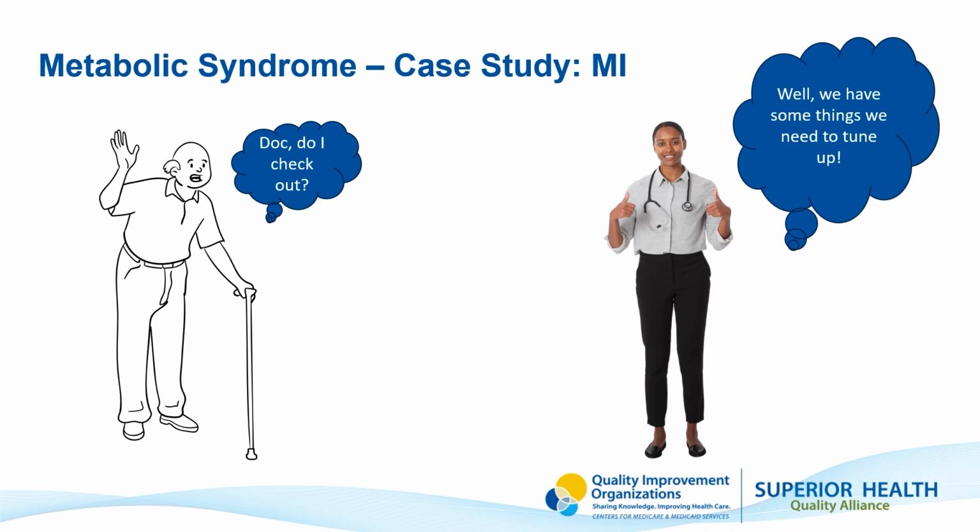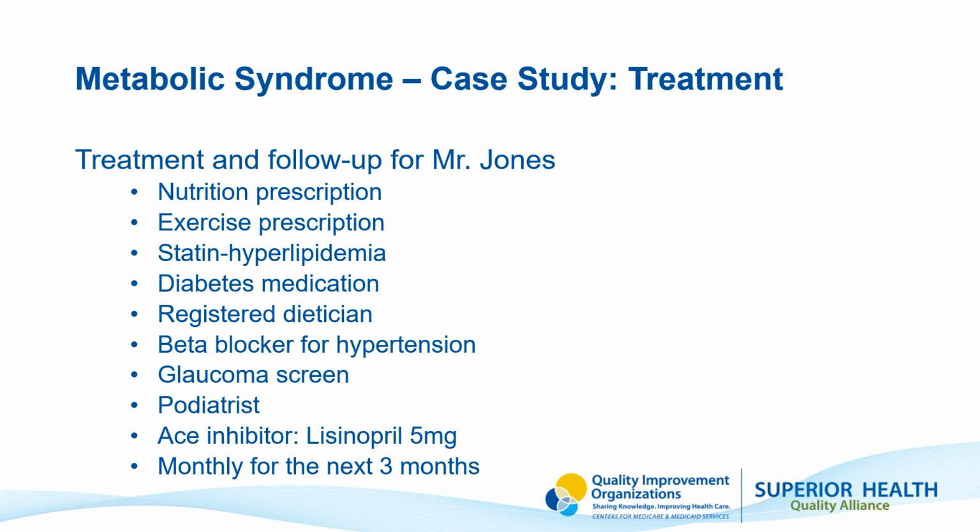So here is the treatment plan. He needs to see a nutritionist or dietitian to come up with a diet plan. He needs a formal exercise plan. He needs to be on a statin, if not already, for his hyperlipidemia. Of course, he needs a diabetes medication based on his A1C and his fasting glucose.